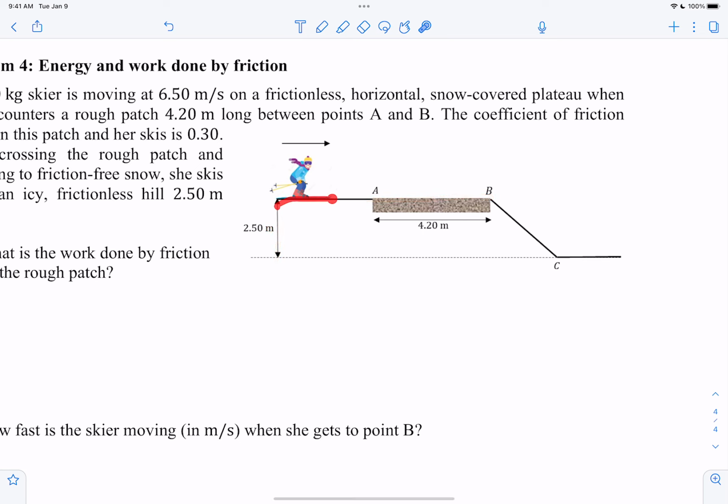We had one where you were starting at the top of the hill, and at the very end you had a spring that you had to hit that was going to stop you, so you had to calculate different energies at different points in the system. You can't just have a starting, an initial, and a final. You have to be really good at breaking up the points with different energies at each point depending on what happens.